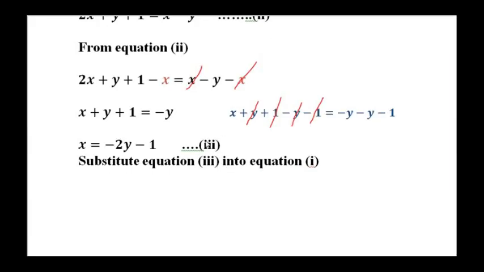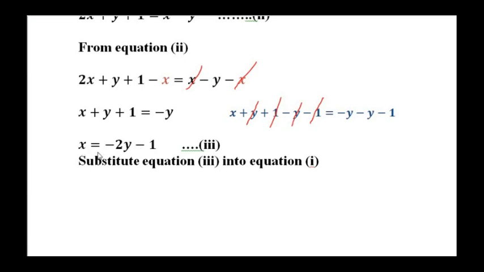I'll solve this equation for the variable x. Therefore, I'll subtract x from both sides. We get x + y + 1 equals negative y. To simplify further, I'll subtract y and 1 from both sides of the equation. We get x equals -2y - 1.